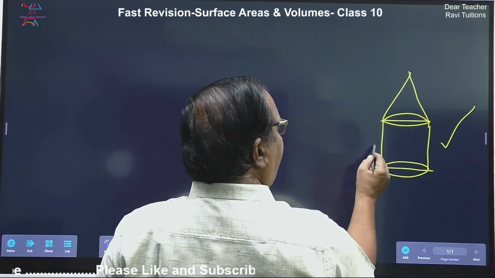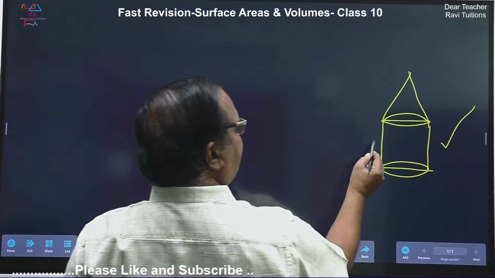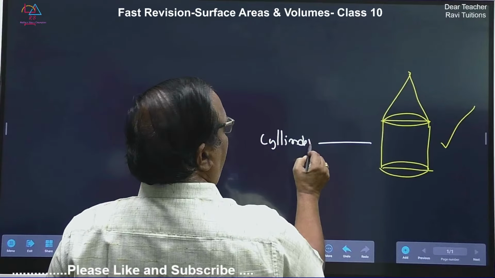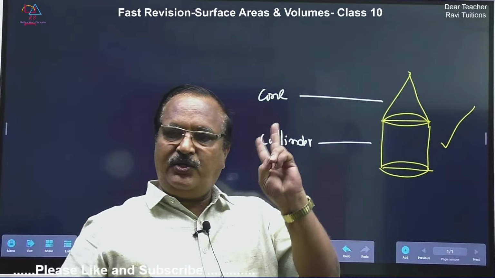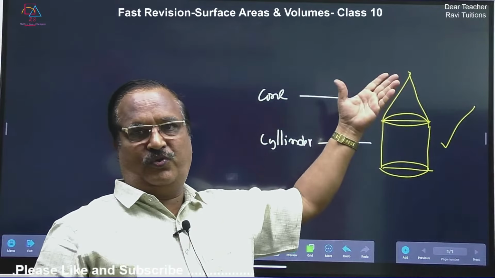So how to do this question? You have to divide. This is a cylinder, and this is a cone. You have to think in two figures. One is a cylinder, one is a cone.